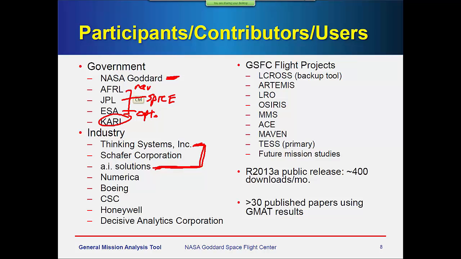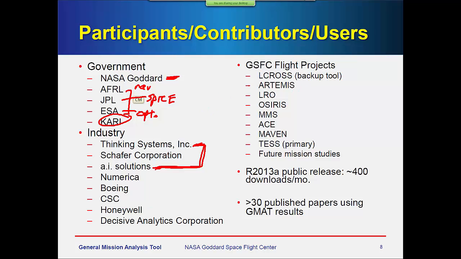Now, KARI is the Korean Aerospace Research Institute, the South Korean space agency. We've been working with them intimately over the past couple years to develop a variety of features. And then lots of other industry folks have participated in terms of SBIRs and specific feature development.